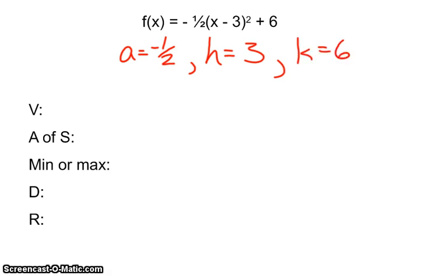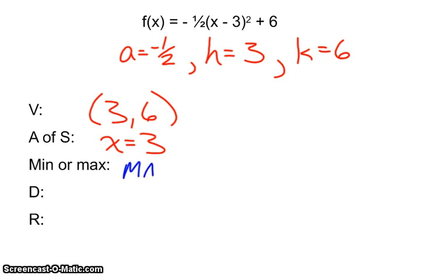That stays the same sign. So we go to our vertex. Once again, it's hk, so that's going to be 3, 6. Our axis of symmetry, x equals 3. Min or max, it's opening downward, so it's going to be a maximum at y equals 6.